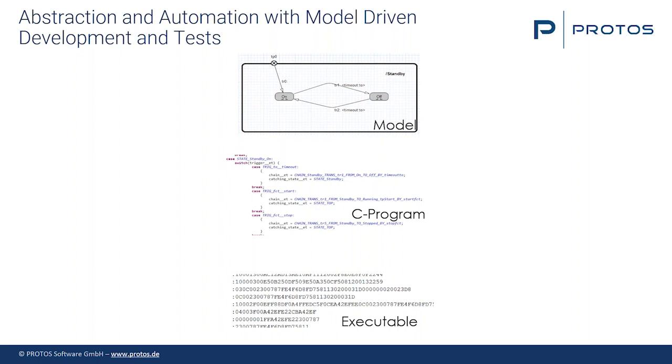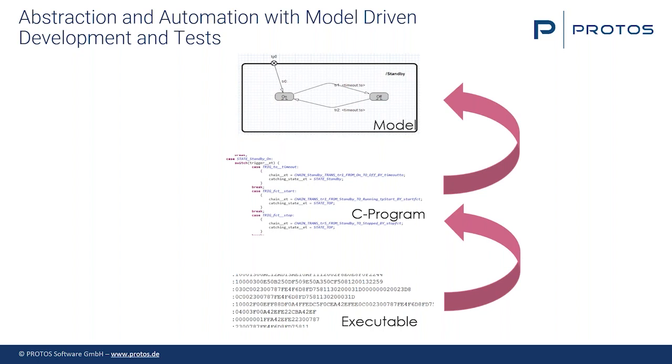And those are steps of abstraction. From executable to the C program, I leave away the information that's needed for the processor. And from the C program to the model, I leave away the information of how exactly I implement it. I don't care. If I want to talk about functionality, I'm talking on the model level here. So we have two steps of abstraction.